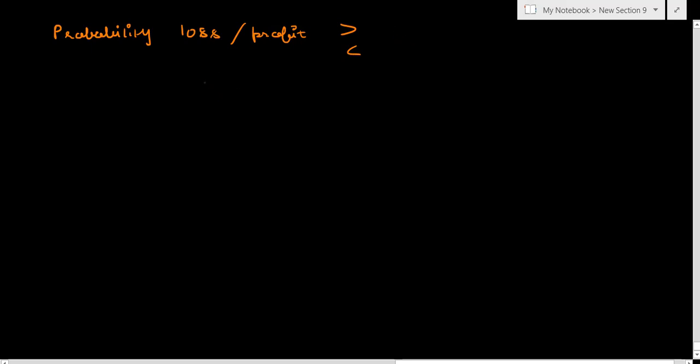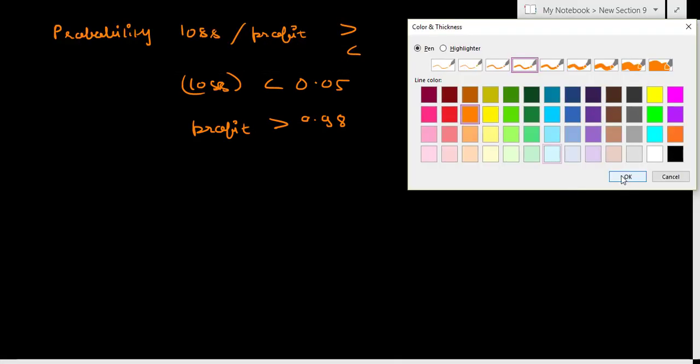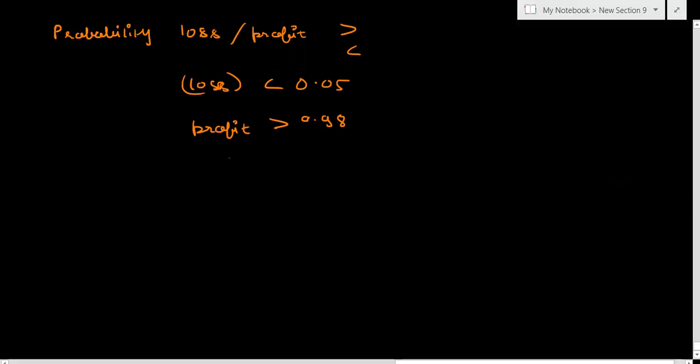So they might tell you that they want the probability of loss to be less than 5%, or they want the probability of profit to be greater than 98%, similar things like these. These are basically counters of each other. If the probability of making a profit is 98%, the probability of making a loss would be 2%. So that makes sense, right?